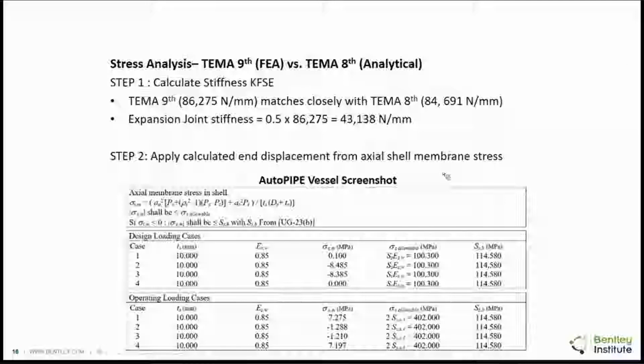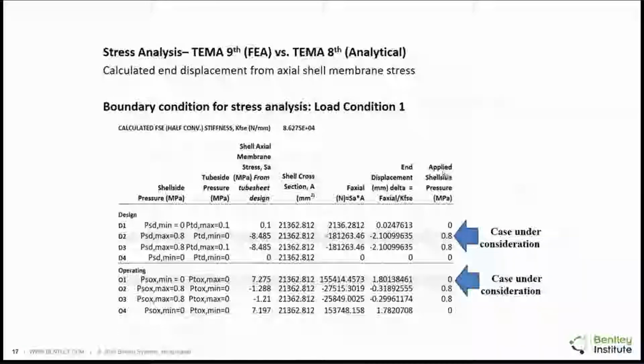So for the design load cases, case 1, 2, 3, 4, there will be a shell axial membrane stress, which is sigma SM, which is the 4th column that you see. And for the operating load case as well, you will get a shell axial membrane stress. So this is the stress that is acting axially on the shell. So here in this table, for each and every design and operating load case, the shell side and tube side pressures are listed.